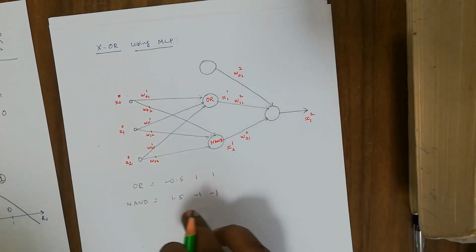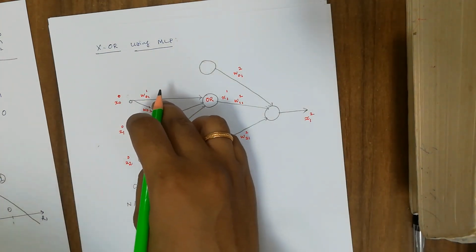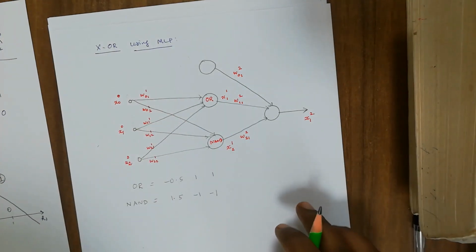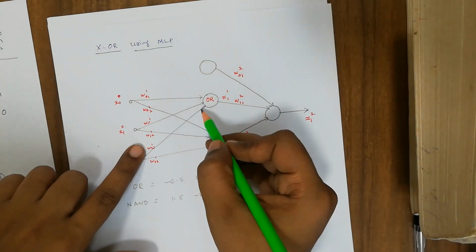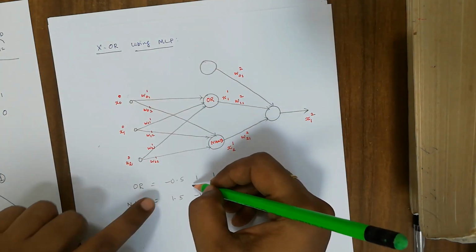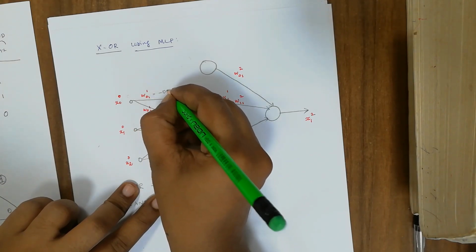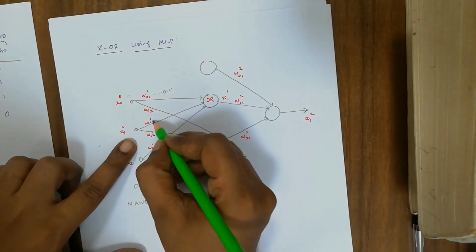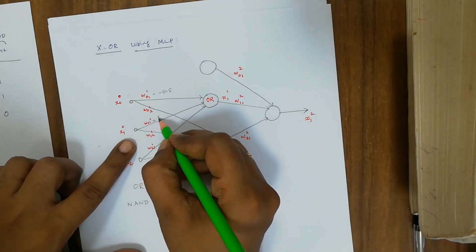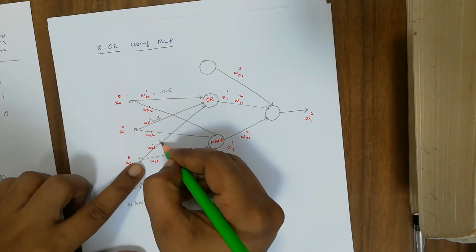Now we will simply assign these weight values in this multi-layer perceptron. For the OR operation, so this is the OR operation, let us assign the weight vector. So the OR operation, this is minus 0.5, and this value goes 1, and then for the OR operation this is weight 1.